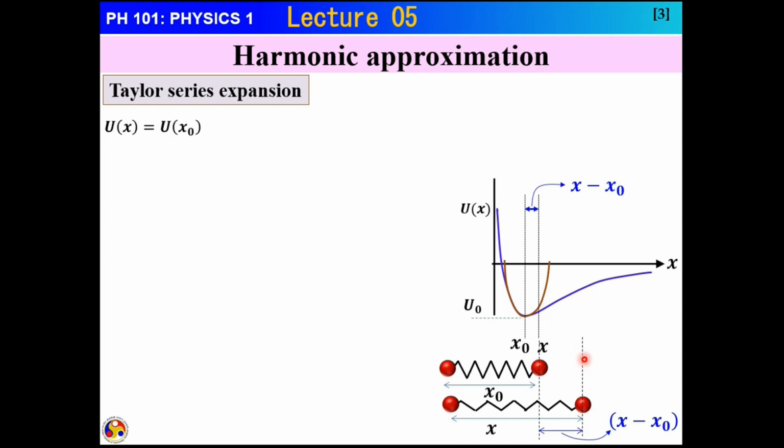And this expansion is given as this, where, for example, if I want to expand this blue curve, which is the potential for the diatomic molecule carbon dioxide, around the equilibrium position, which is x equal to x naught, what I have to do is: it is u of x naught, the potential at position x naught, plus the derivative u prime x naught into x minus x naught.